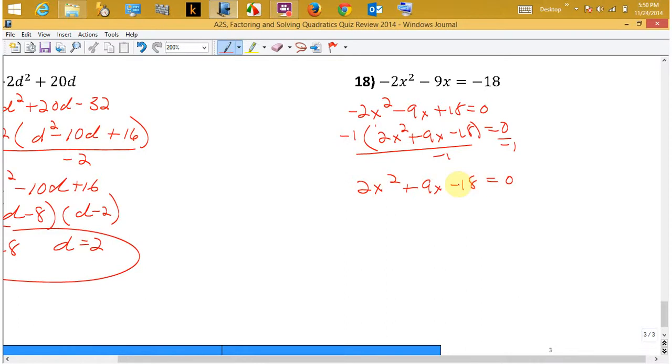Alright, so this will be AC middle. 2 times a negative 18, AC is equal to a negative 36, and the middle is 9. So I'm looking for two numbers that add to 9 and multiply to a negative 36.